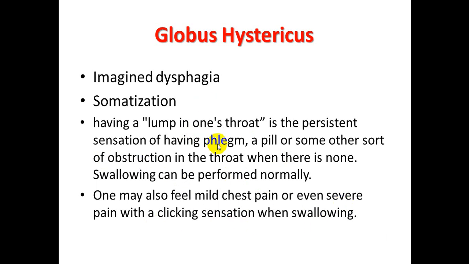So, globus hystericus, it is a diagnosis of exclusion. It is a disease of young age, especially female. All the investigations negative. The only treatment modalities for those patients is reassurance and even psychiatric consultation.